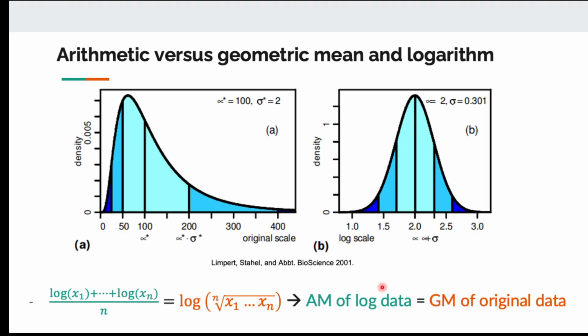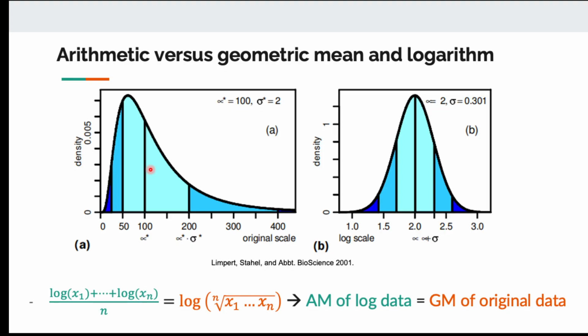So basically geometric mean and arithmetic mean are equivalent, but they operate on different data. Arithmetic mean operates on the log transform data, which are normally distributed, but geometric mean operates on the original data, which are still skewed.